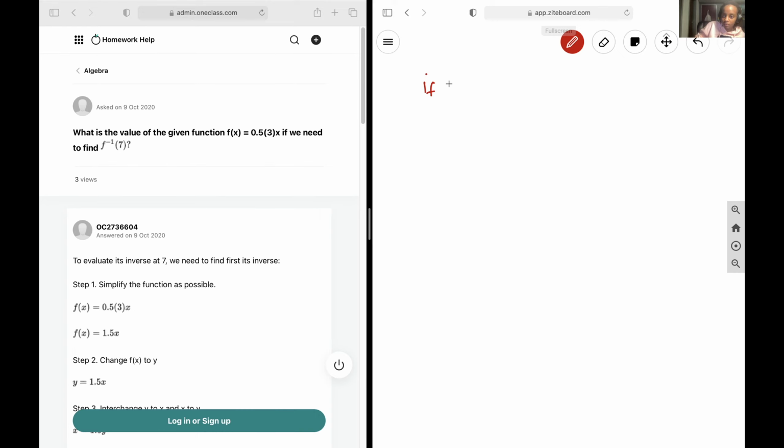So if f of x is 3 over 2x, first we need to find this inverse. To find the inverse, we are reflecting in the y equals x line.